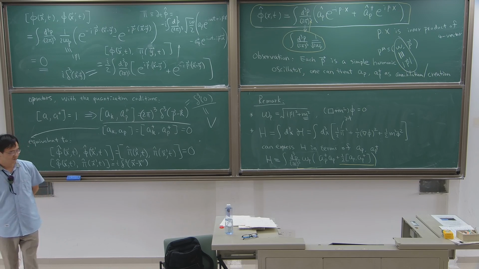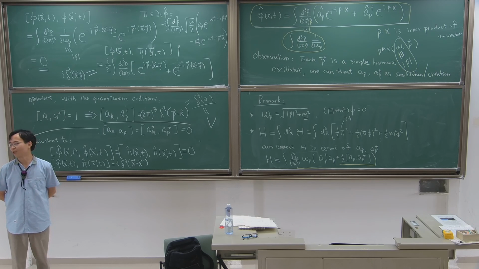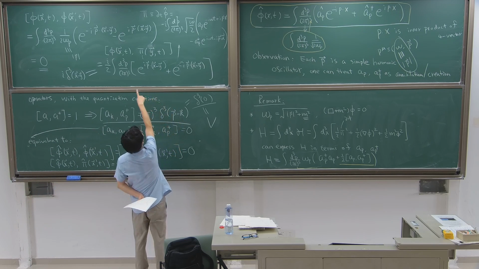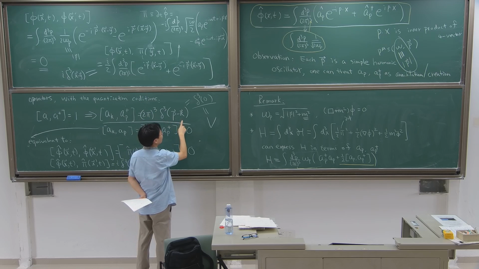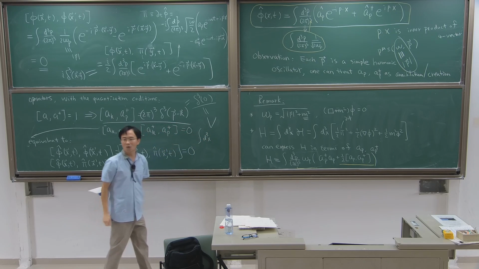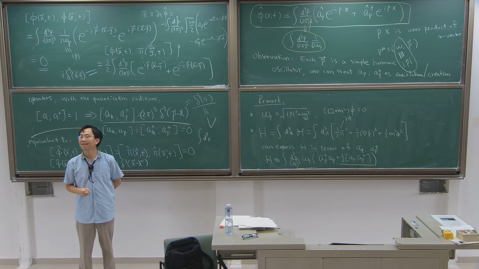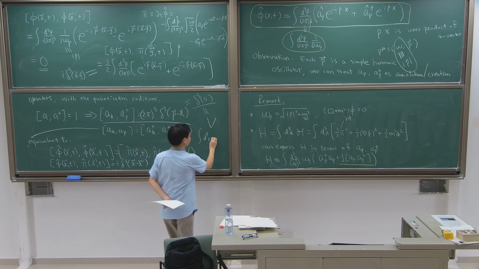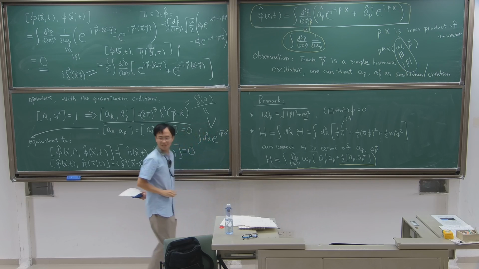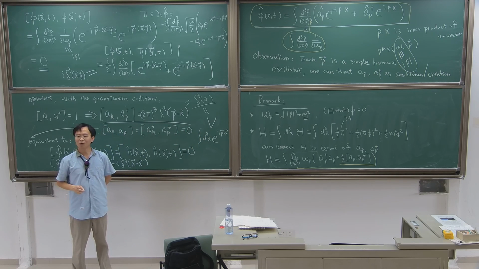The point is, I can re-express this delta function in terms of the coordinate space integral, with the exponential of i p dot x.